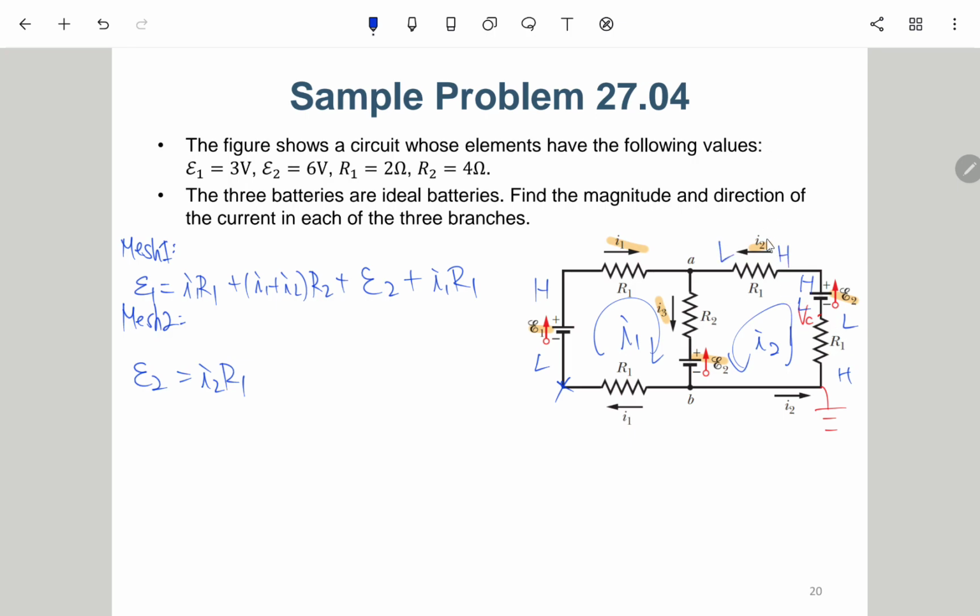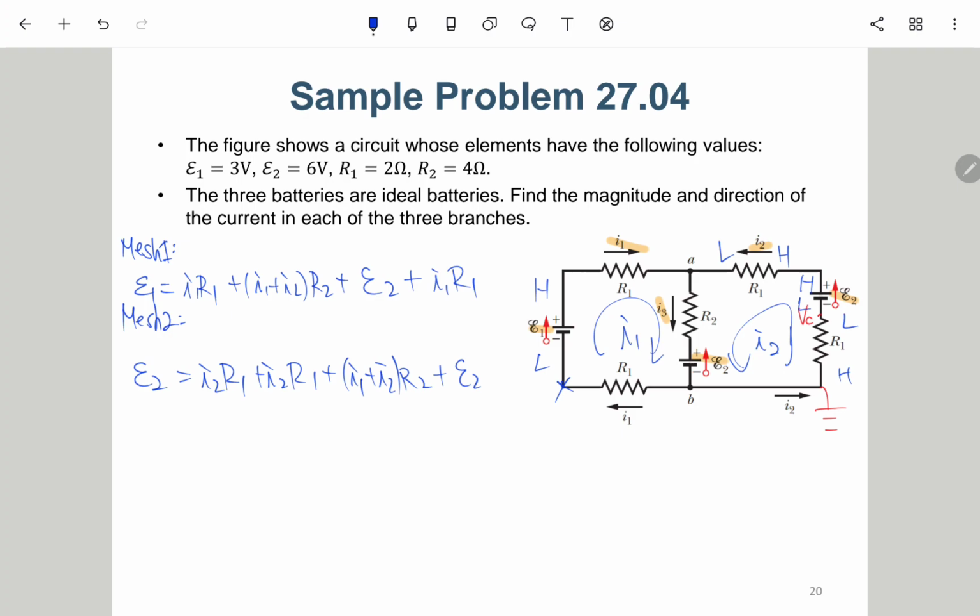So this is I2 R1 plus I2 R1, and then going to this part, this is positive. So we have I1 plus I2 times R2. And then for this one, high low, I still put it on the right side, E2, and then going back to here, nothing else. Something like this.